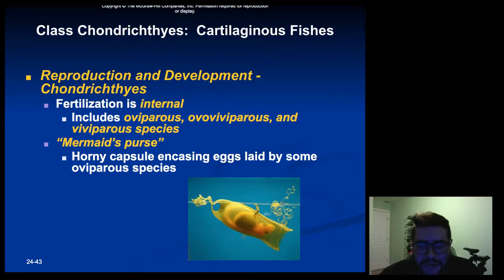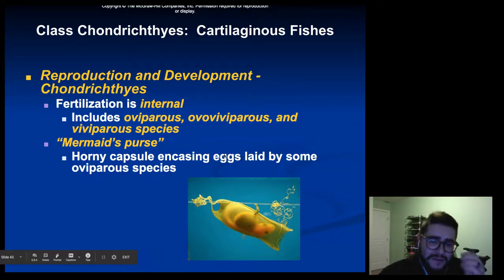And so they release their eggs, but they also release an encasing surrounding the egg, and sometimes they'll suspend these encasings in protected areas. And it looks like basically a little protective bag that surrounds the growing embryo, and so it's called a mermaid's purse. Very, very cool and interesting.